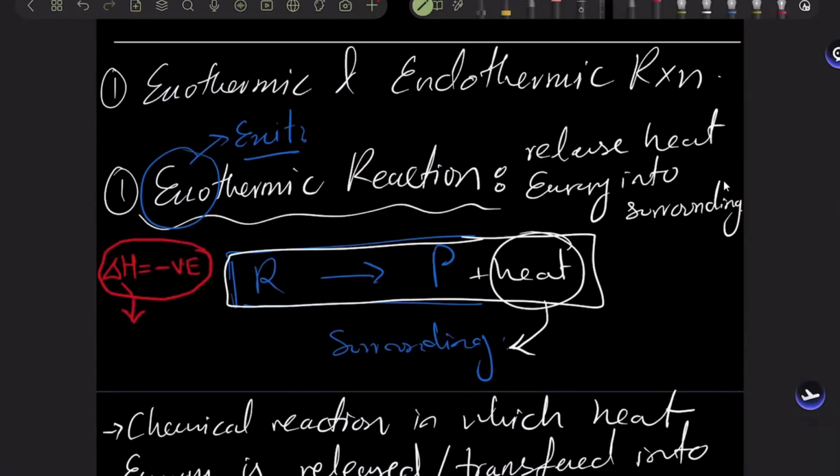And we always consider energy changes in which unit? Kilojoules per mole is always going to be our unit. That's the standard unit for any energy change. Okay? So delta H is always negative for exothermic. You just need to memorize one of them. The other one is always going to be the opposite.